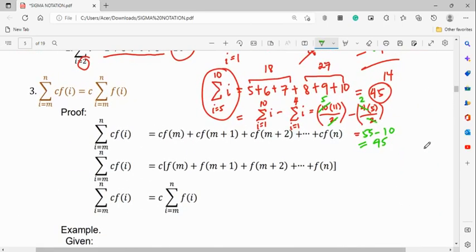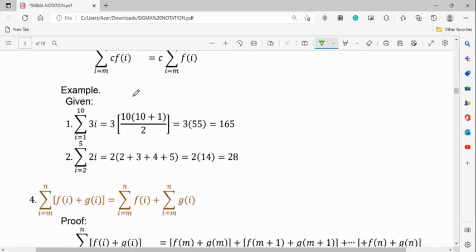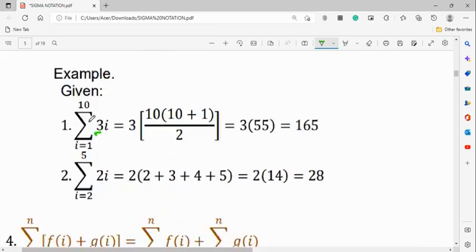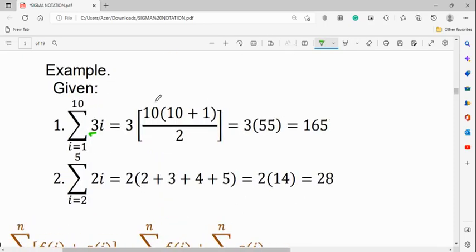Now, in number 3 naman, class, kapag nagkataon daw na there is a constant multiplied to a given function that is expressed as a function of I, ang gagawin mo dyan, class, ihiwalay mo yung constant. So, for example, here, there is constant 3. Instead na isama mo siya sa buong operation, tanggalin mo muna siya, ihiwalay mo muna siya, so nakalabas ang 3.